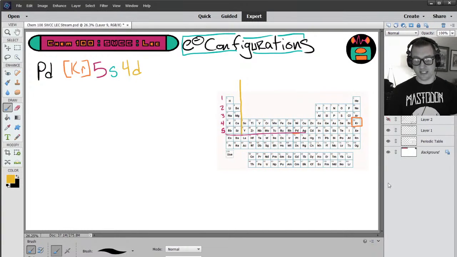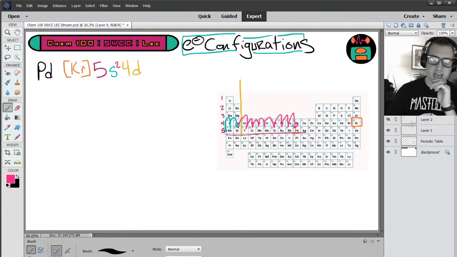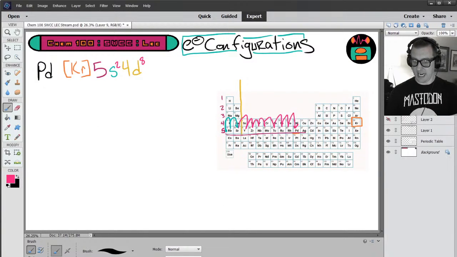So we're dealing with 5s, 4d. So let's count our way over. We count 2 spaces into the S block, so we've got 2 electrons in the 5s subshell. And then for D, we go 1, 2, 3, 4, 5, 6, 7, 8 spaces in. So 5s2, 4d8. That is our electron configuration.